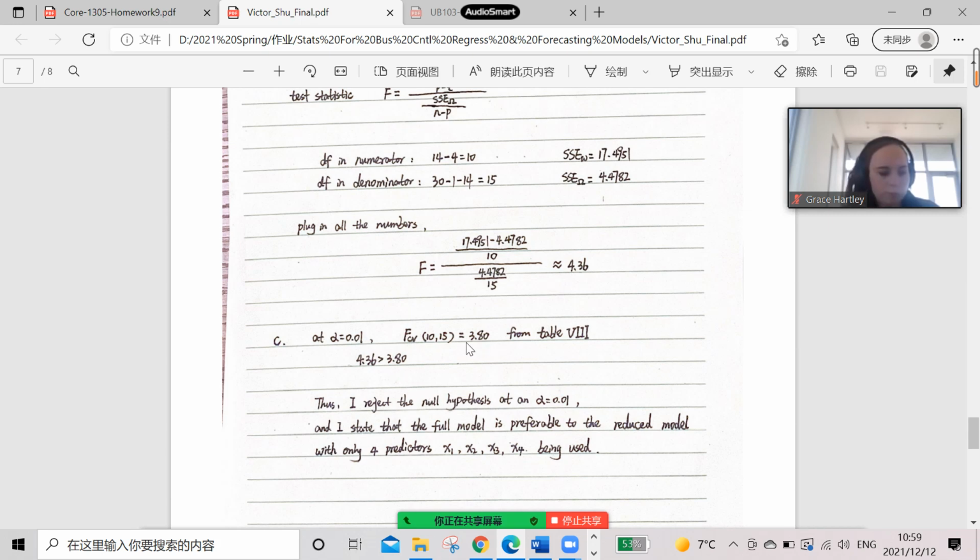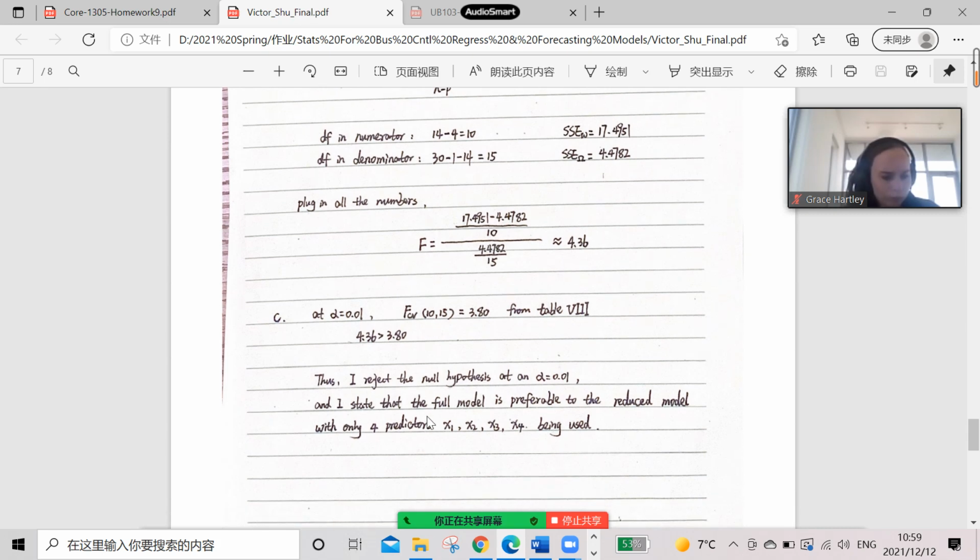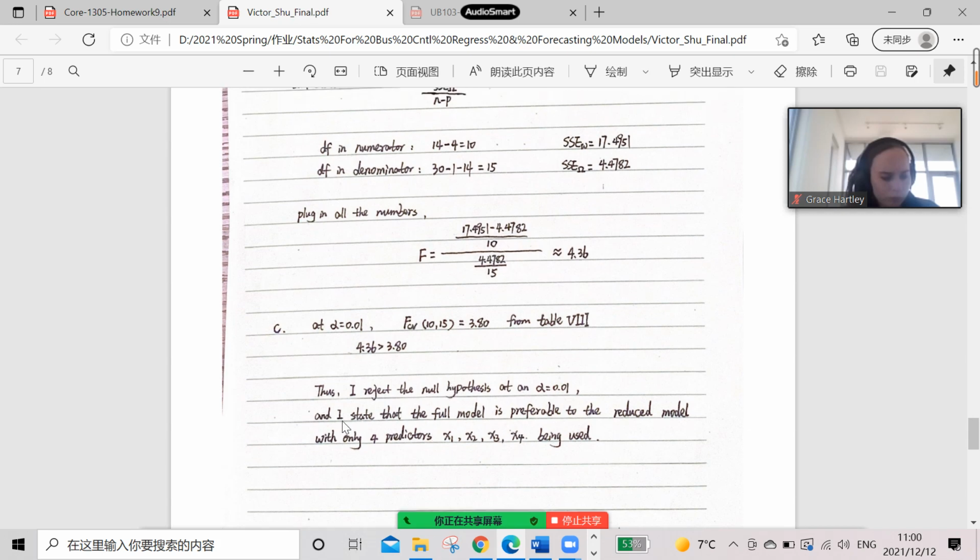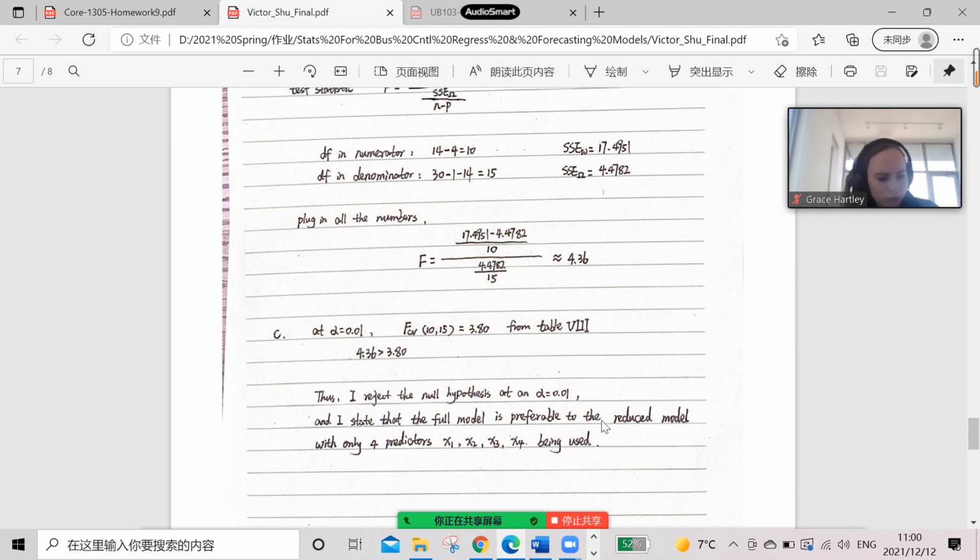In this example, because my calculated F of 4.36 is greater than the F critical value, I will reject the null hypothesis. What does this mean? I reject the null hypothesis. I state that the full model is preferable to the reduced model with only 4 predictors. The overall question is, I want to compare the 2 models with 14 predictors and 4 predictors.